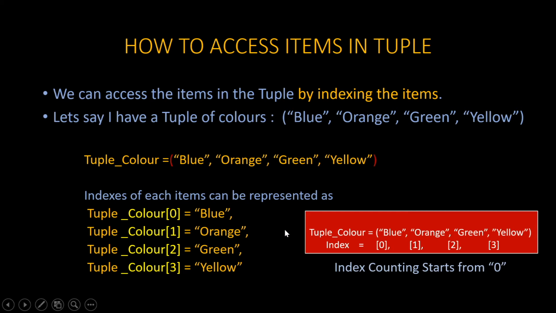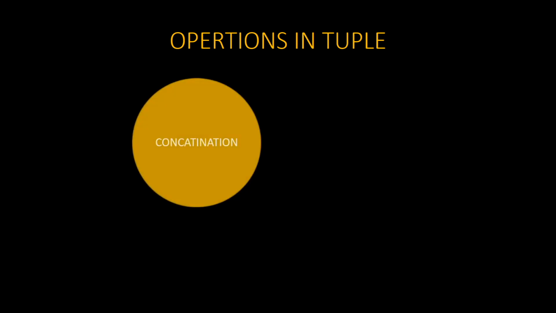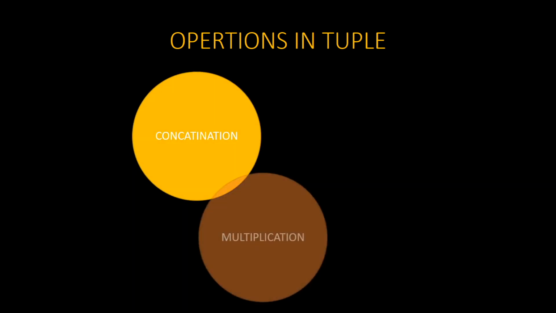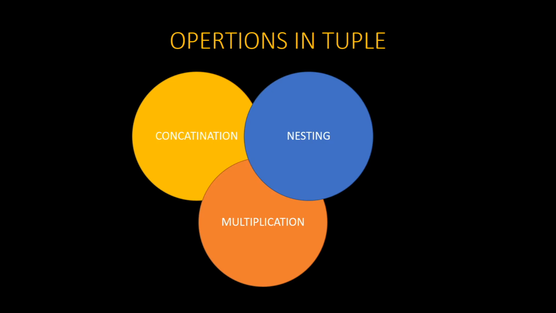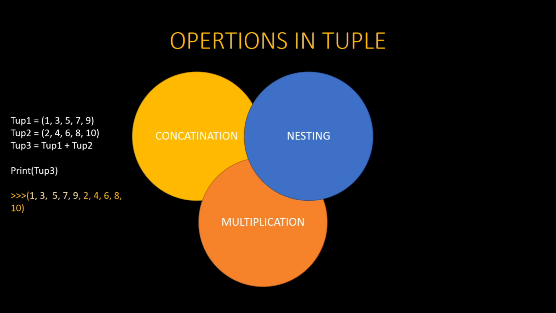Let's go further and talk about the operations that we can perform on tuples. The first operation is concatenation, second we can multiply, then we can nest. Let's take our first example, which is concatenation. Concatenation is nothing but addition of two tuples.